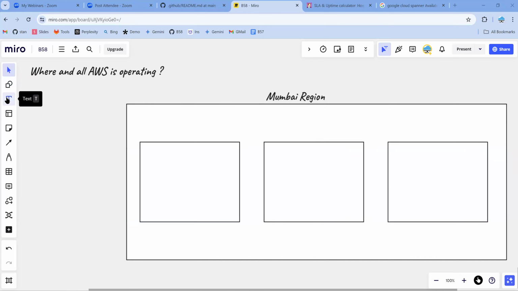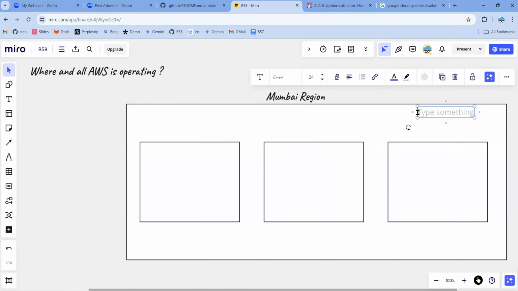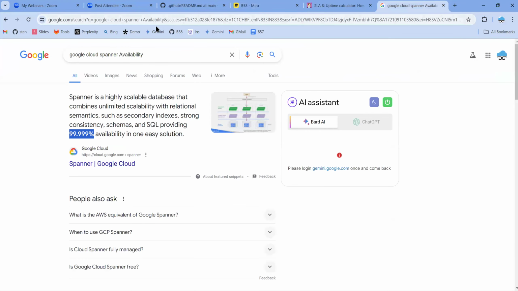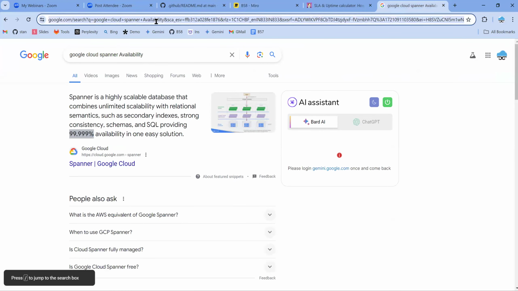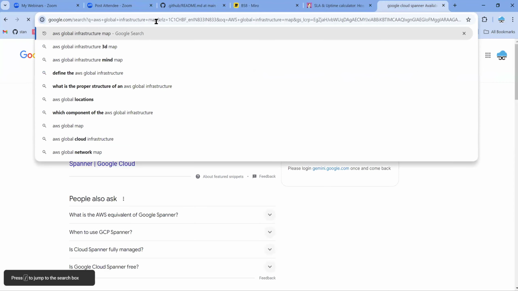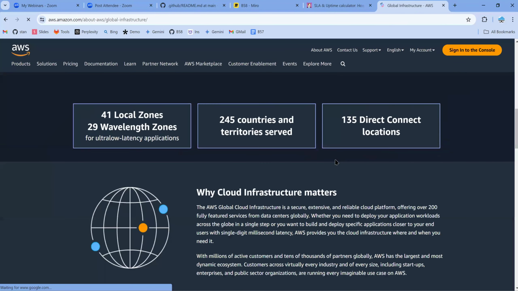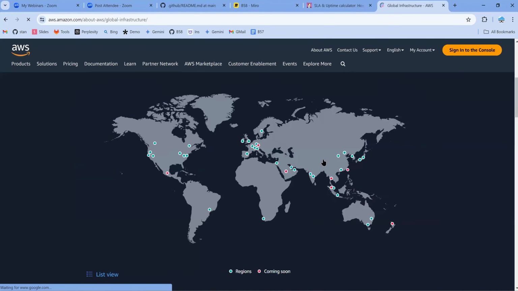Each and every region is referred to by a particular name. For example, AP South 1. Amazon has named it AP South 1, which is nothing but Asia Pacific South 1. That's just a name. In AWS, this whole area is referred to as Asia Pacific, also called APAC.